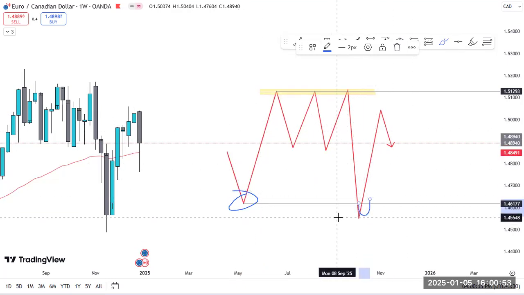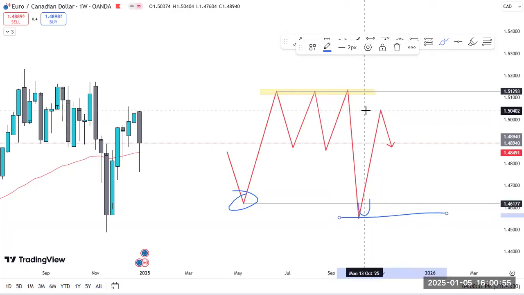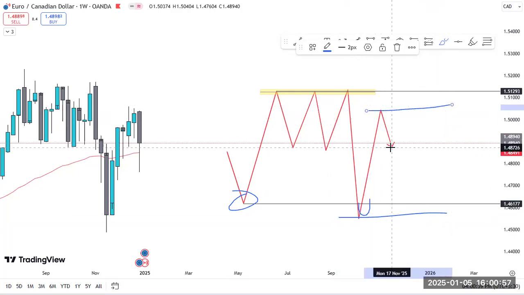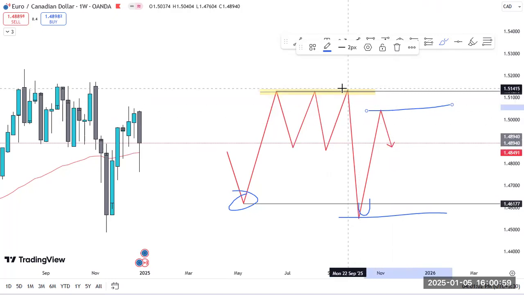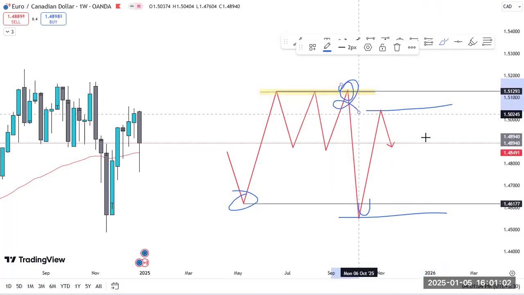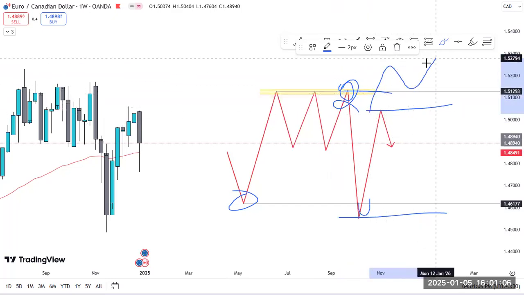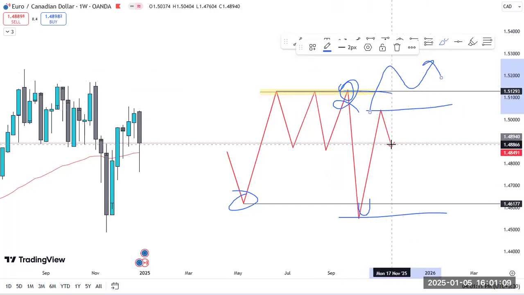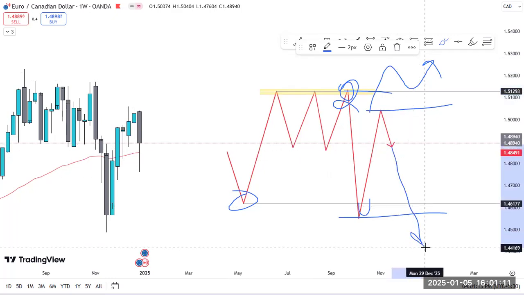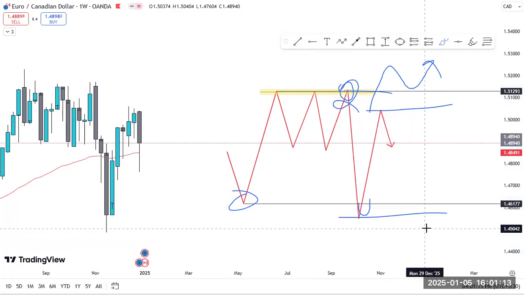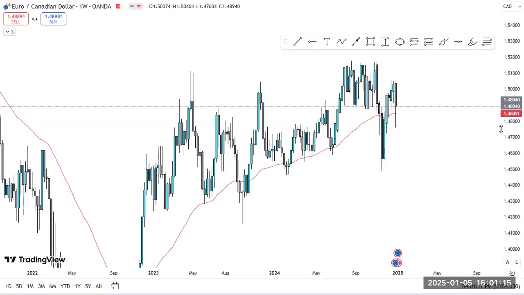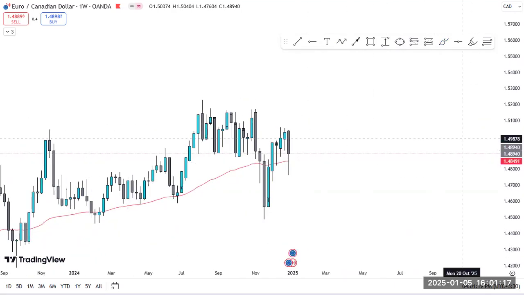So this is our lower low, and this is our lower high. If we break above this, we are in a bull trend again, but as it continues to get down, we are already in a downtrend. So we are in a downtrend in weekly.